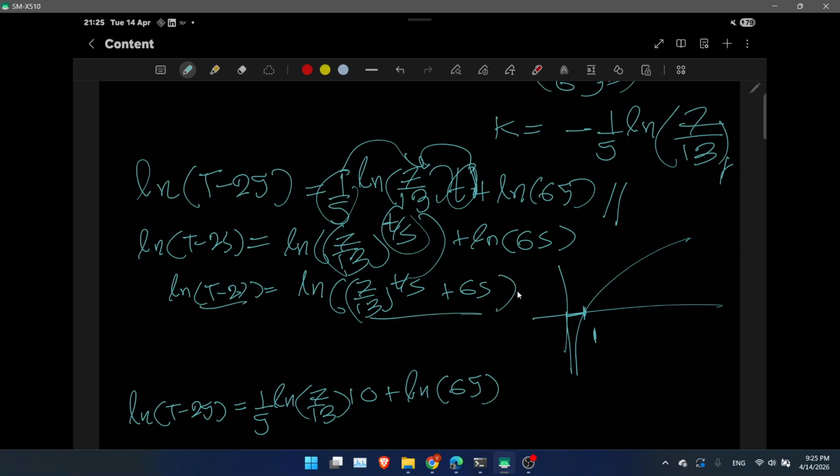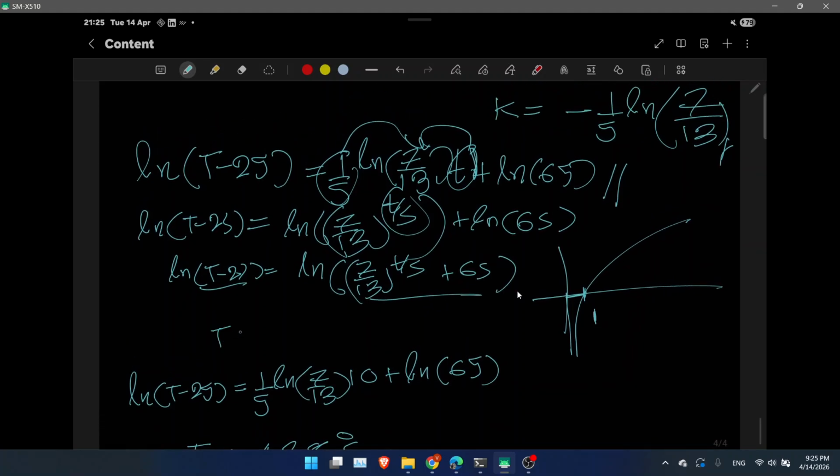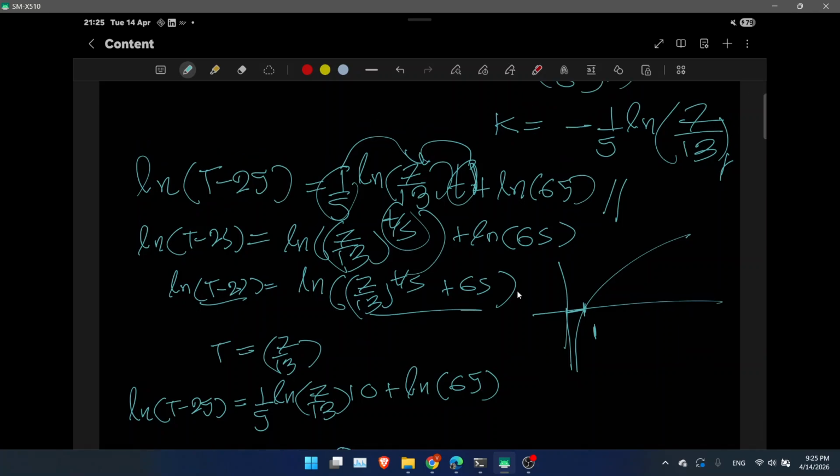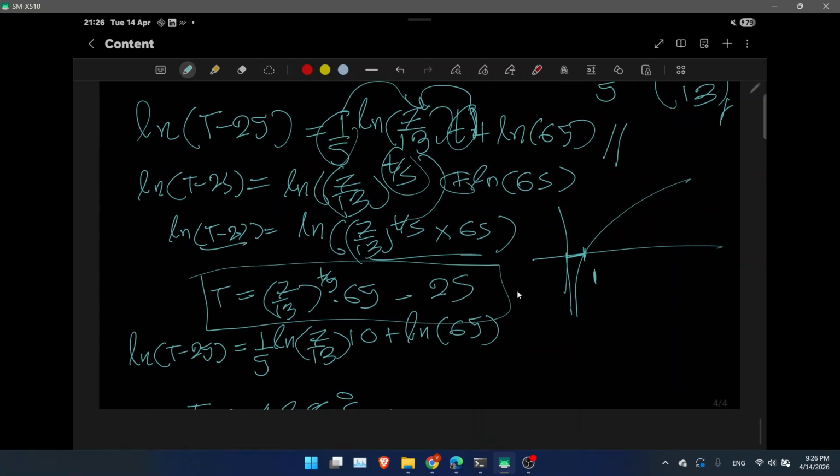If we compare this term and this term here, it is like T is equal to 7 over 13. Sorry, if there is a plus here, it will be a multiplication here. 3 over 5 times 65 minus 25. So that is the final equation.